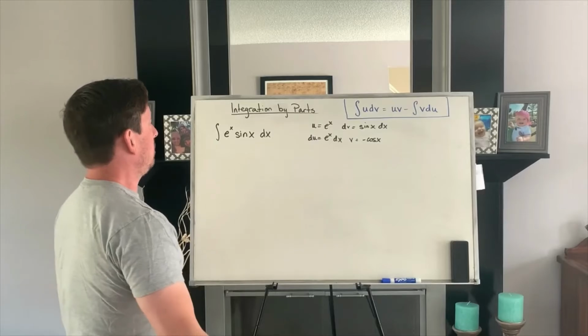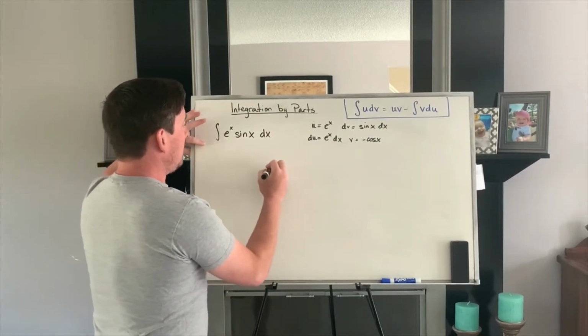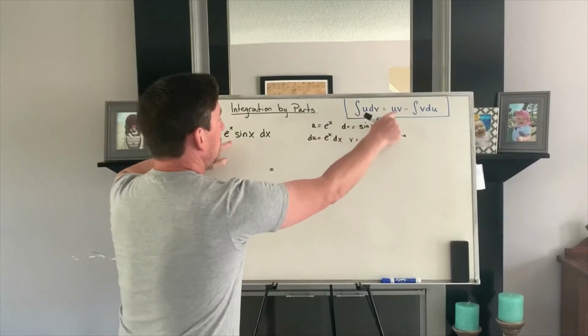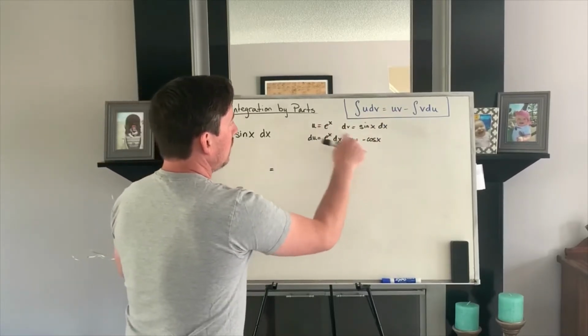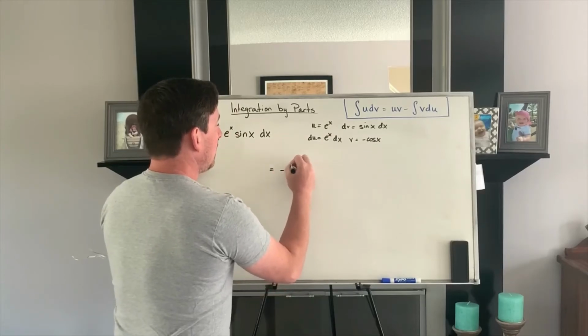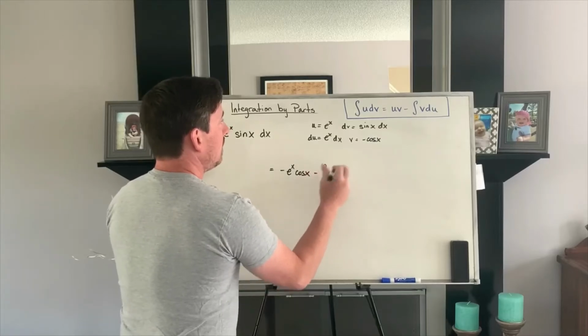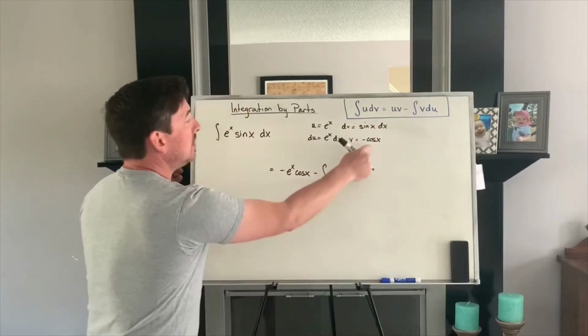Okay, so let's just expand this. This is going to be u times v. So we have negative e to the x cosine x minus the integral of v du.